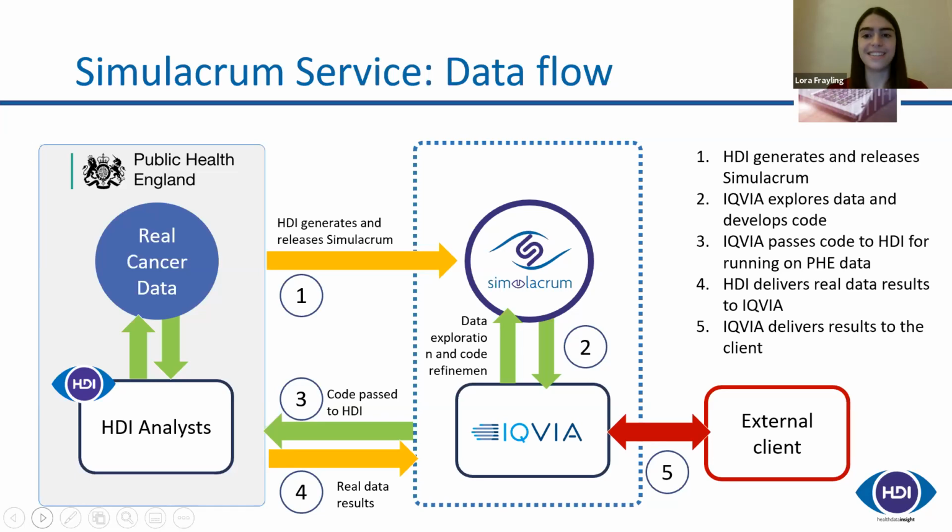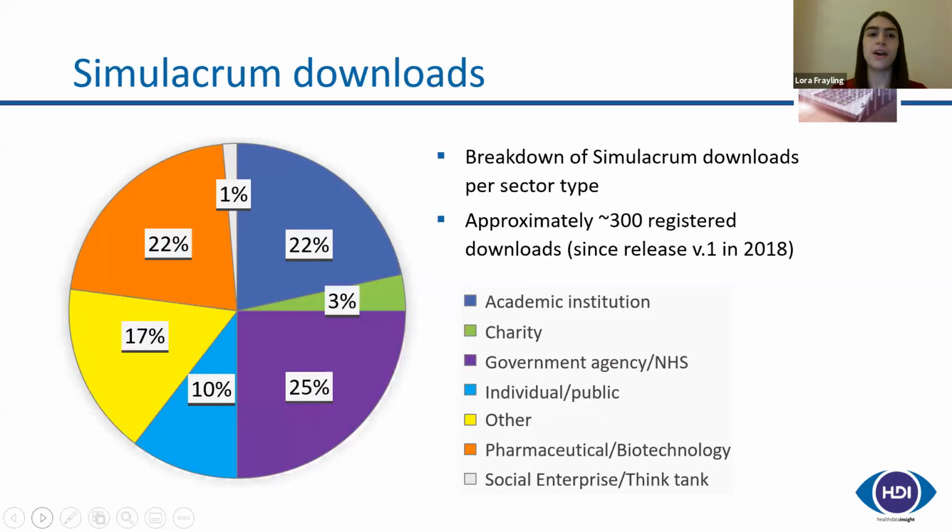So HDI will then get the real results back from the real data and then apply any statistical disclosure controls. So making sure that it's fit to be a data release. This usually involves suppressing small counts of patients, and then they will return these results back to IQVIA, who can deliver them to the client.